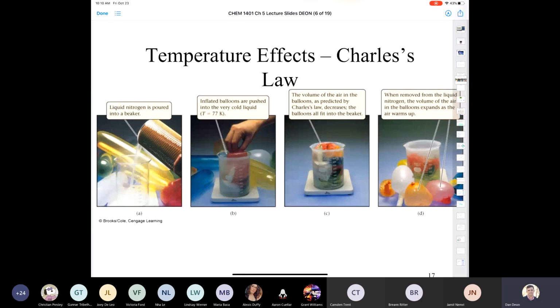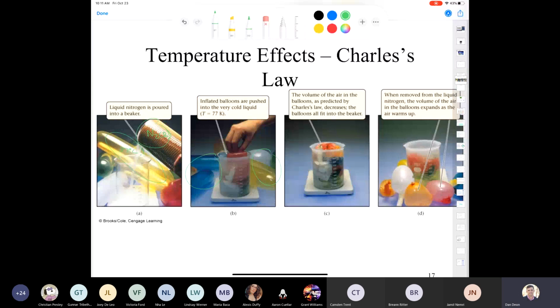You can take all these balloons, and if you pour liquid nitrogen on them, this is nitrogen in the liquid phase, okay? It's at 77 Kelvin, so it's very, very cold. The air from your lungs is at maybe 37 degrees Celsius.